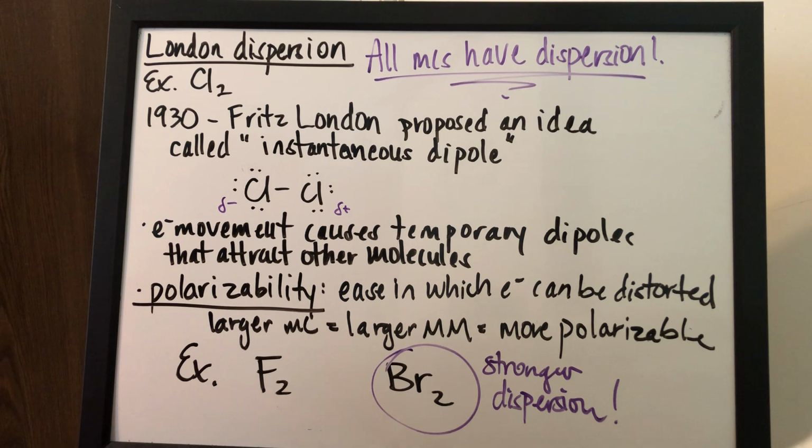And so sometimes they're not the intermolecular force that we mention because a molecule has stronger intermolecular forces. But then you have an example like these two, F2 and Br2, who don't have any other type. Think about it. They don't have dipole-dipole, they don't have ion-dipole, and they don't have hydrogen bonding, which is the last intermolecular force we're going to talk about. So in F2 and Br2, the only intermolecular force worth mentioning is dispersion.